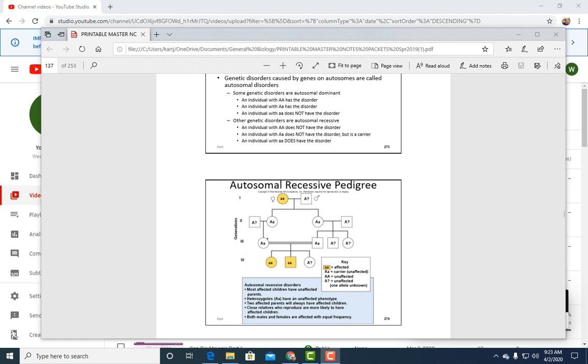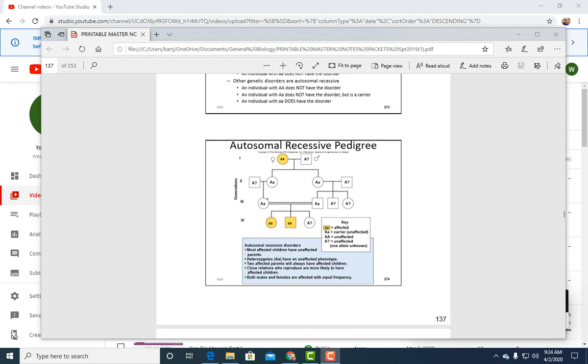They look at this with quite a bit of scrutiny to determine who has the disease and who doesn't, and what possible alleles can be. Again, the shaded squares and circles mean that they are affected and have the disease, and some might be carriers, so we don't know if they have the allele or not.